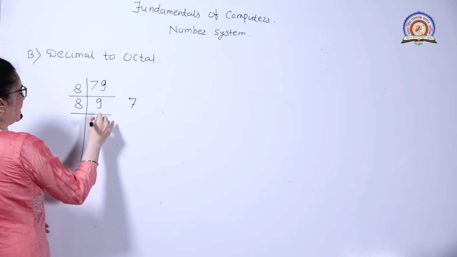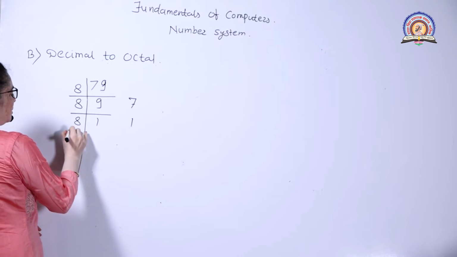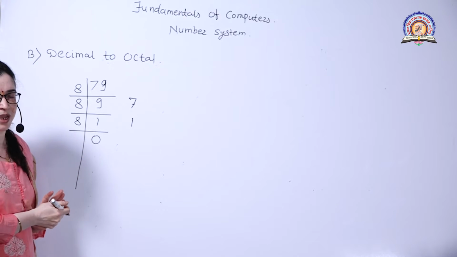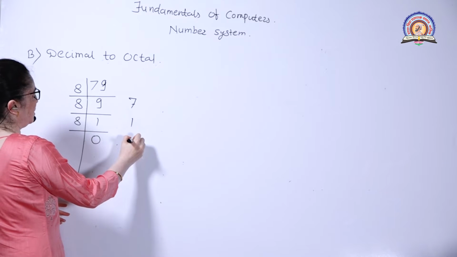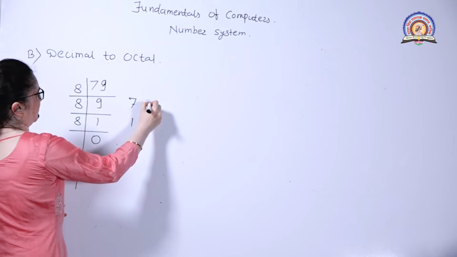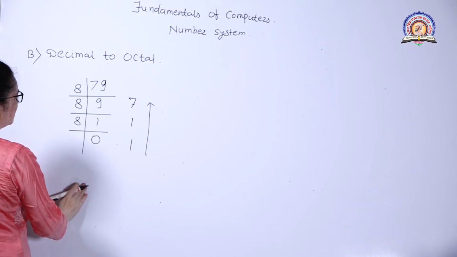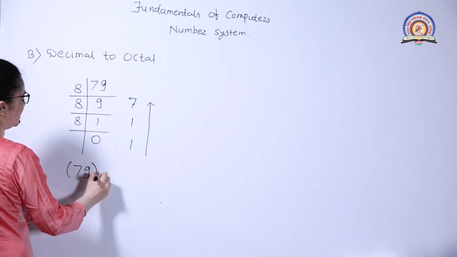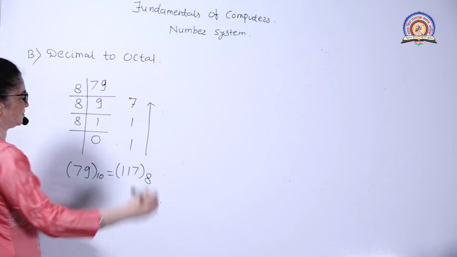Again 8 ones are 8, remainder is 1. Here the quotient will become 0 because we cannot divide 1 by 8. So the quotient becomes 0 and the remainder will be 1. So the octal equivalent is 117.